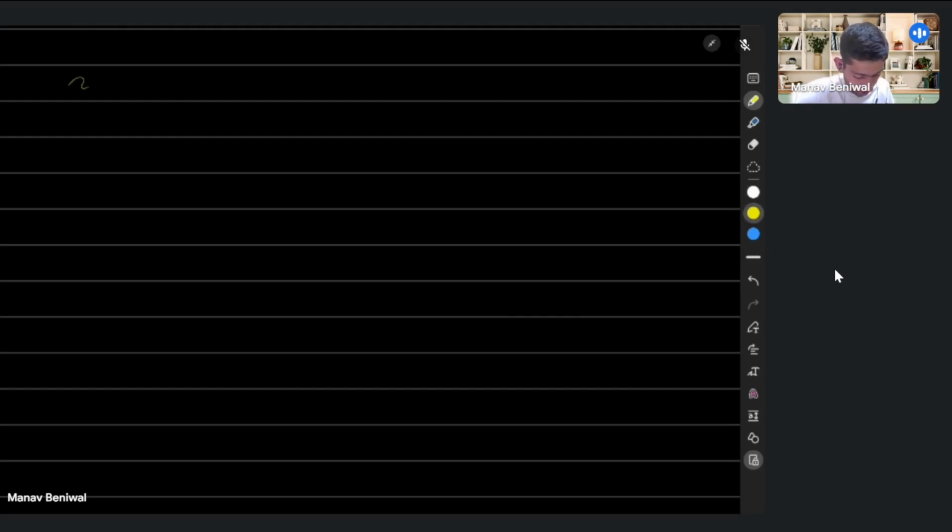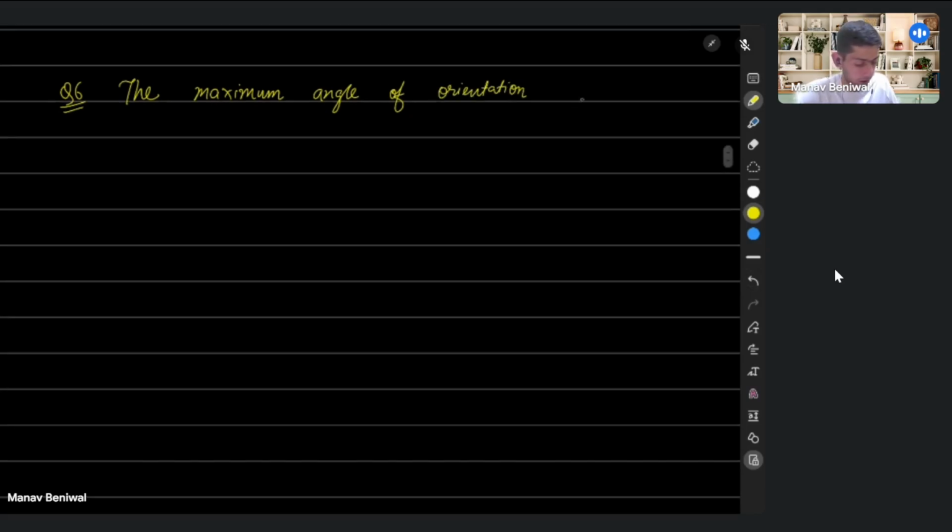Okay, let's solve the next one, which is very similar to the problem that we just solved. So it states that the maximum angle of orientation, so we have to find out this maximum angle of orientation.